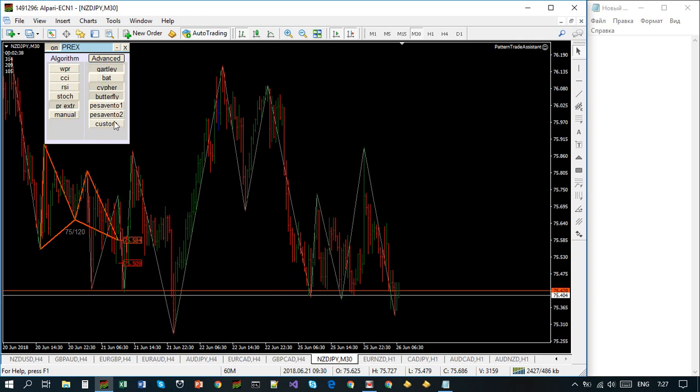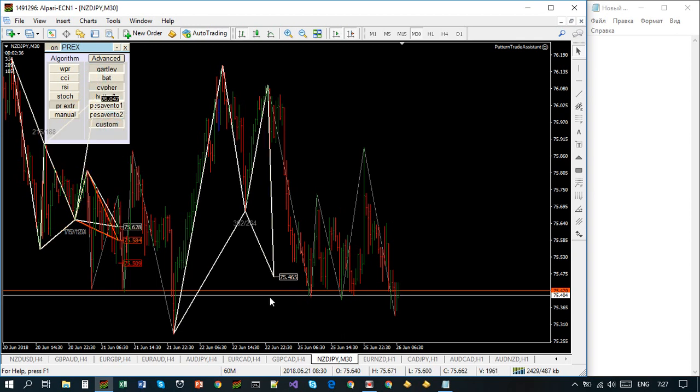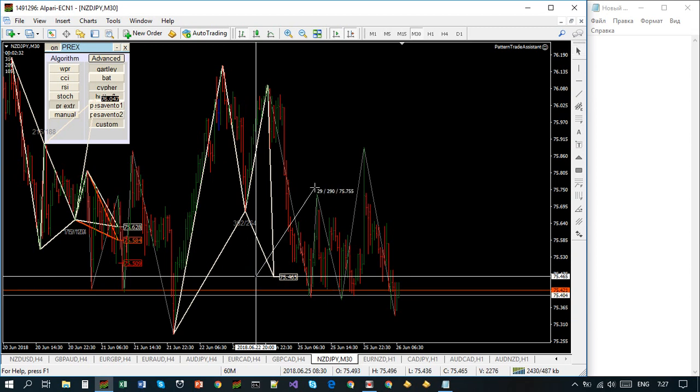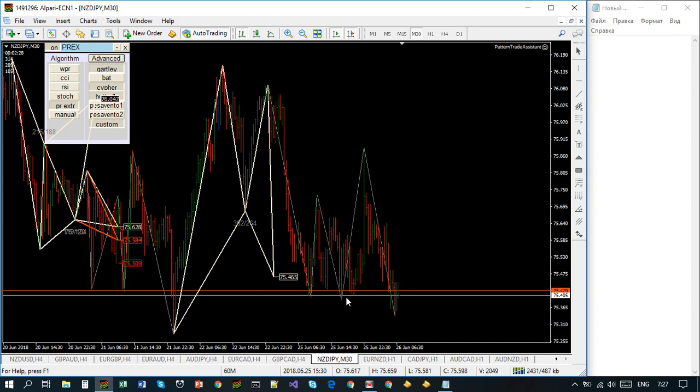But if you use unified godly instead, then you have this. You see the pattern completed, reaction number 1, reaction number 2. You could trade either of these two movements to the upside.